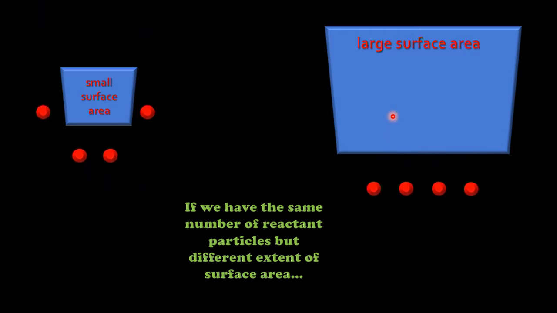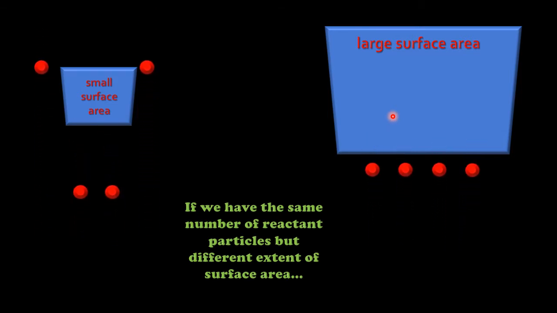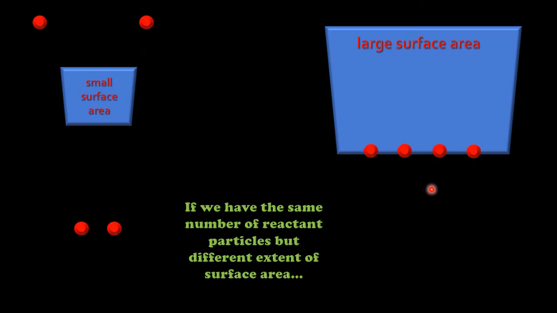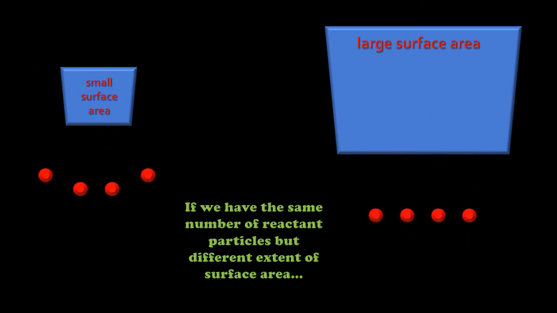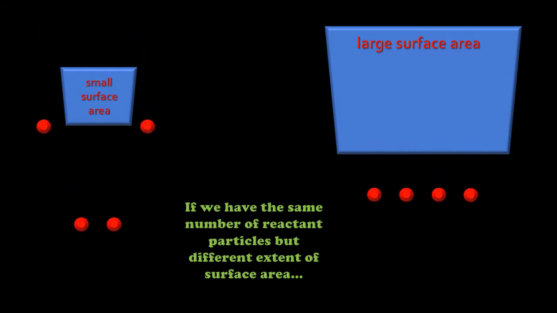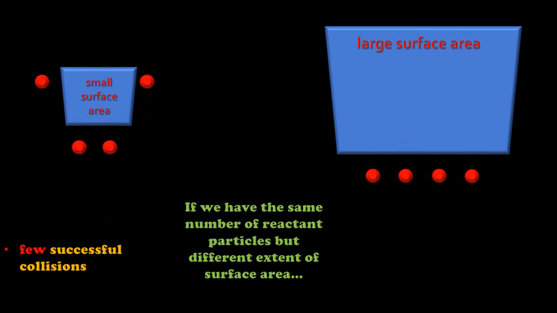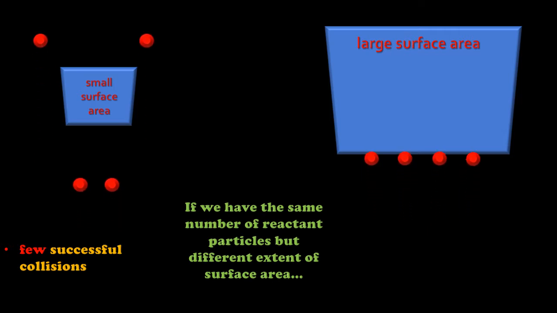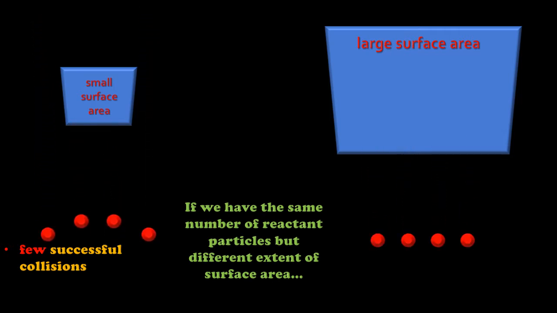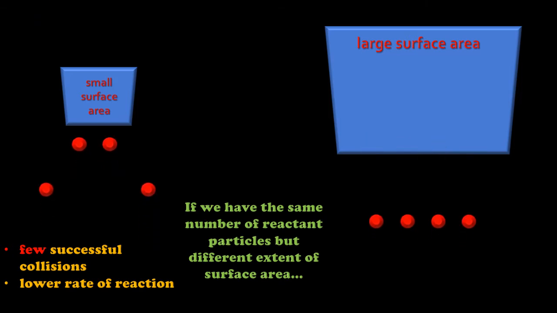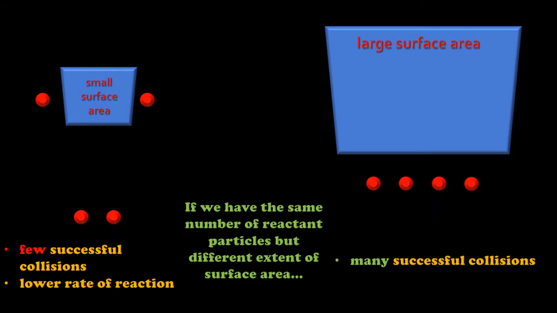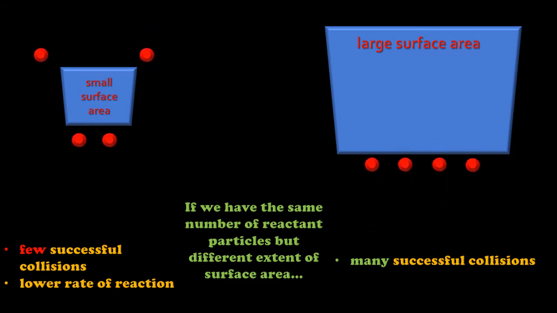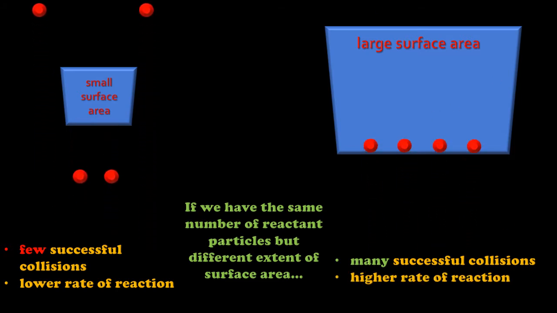On the other hand, with the large surface area, all 4 reactant particles from the other substance collide with the large surface area. With this observation, we can then say that we have few successful collisions with a small surface area, and that would mean that we have a lower rate of reaction. We have many successful collisions with a large surface area, and that will mean that we have a higher rate of reaction.